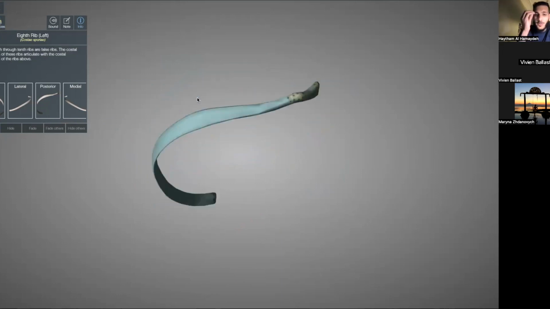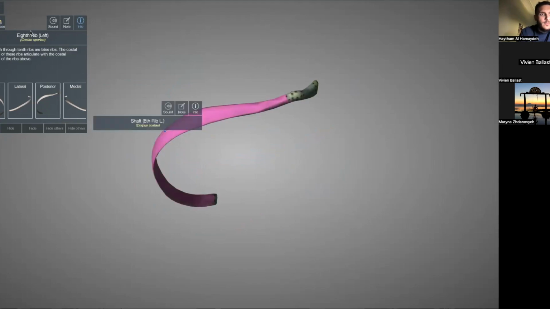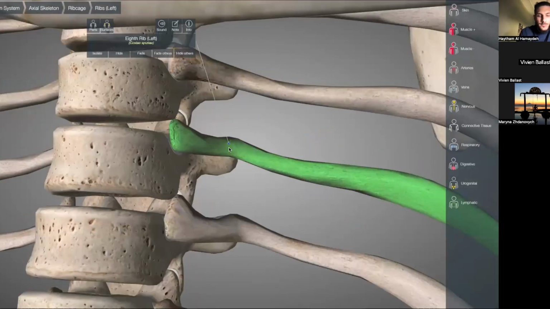The articular surface articulates with the transverse process of the vertebral column, or the vertebra. So I'll show you here.